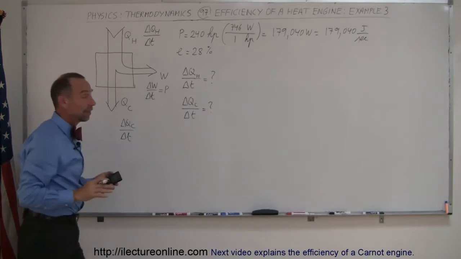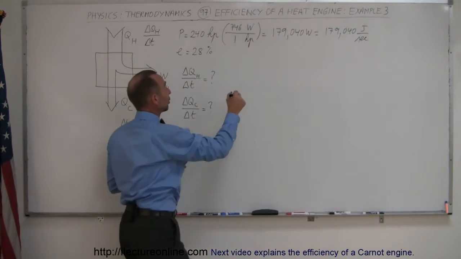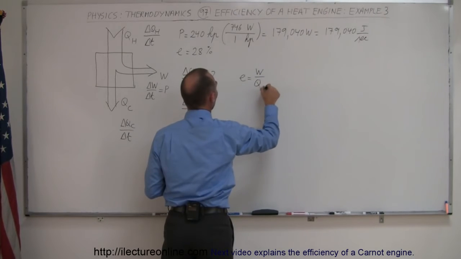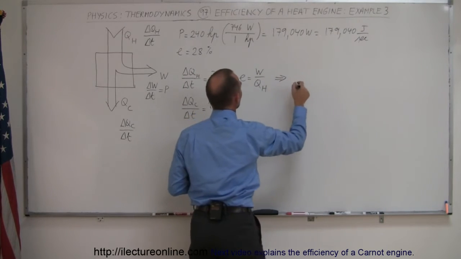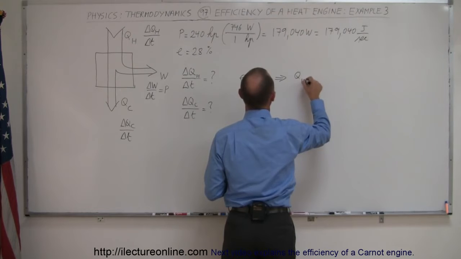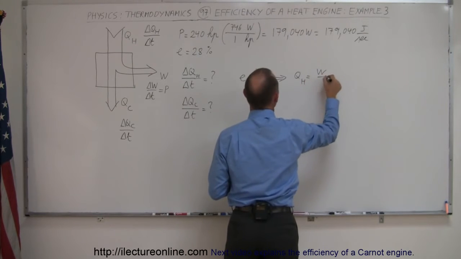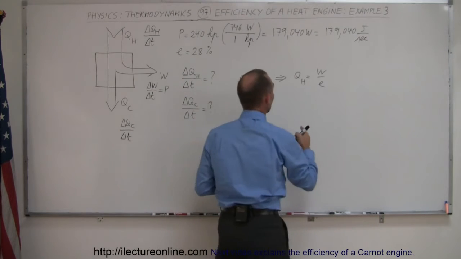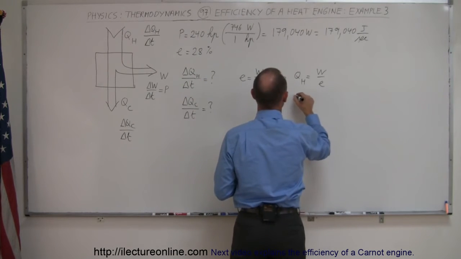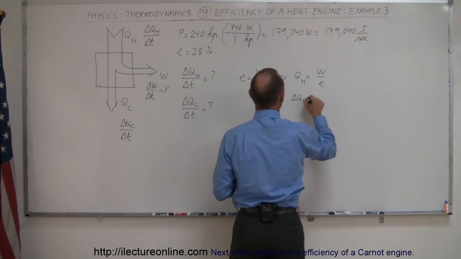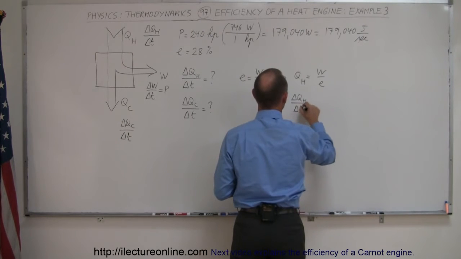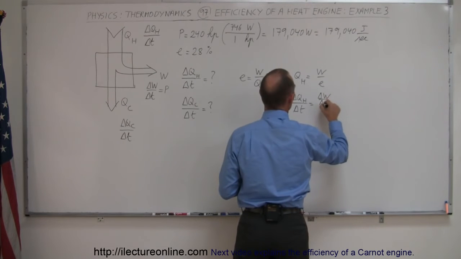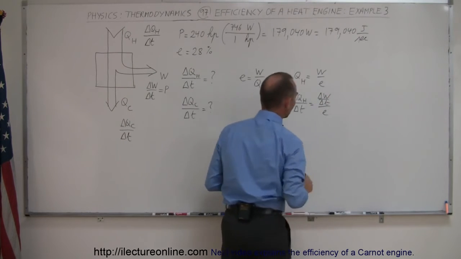So now that we've converted that, we can come up with our efficiency equation. Efficiency is equal to work over Q hot. And so what this means is we can say Q hot is equal to work divided by efficiency. Then if we divide everything by time, the rate at which heat is extracted from the hot reservoir per unit time is equal to the rate at which we do work per unit time divided by the efficiency.